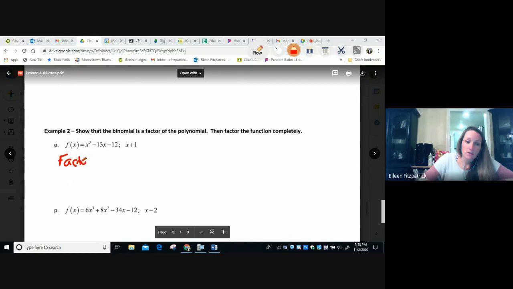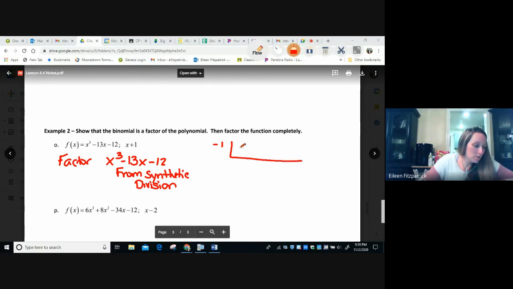We're going to factor x cubed minus 13x minus 12 using synthetic division. I erased the synthetic division already, so I'm going to put it up here again, copying out of my notes. I had 1, 0, -13, -12.